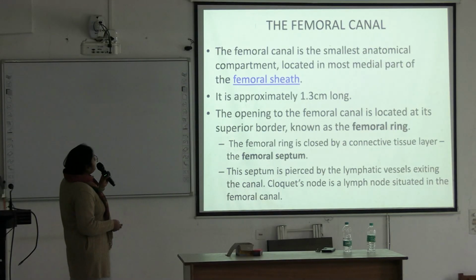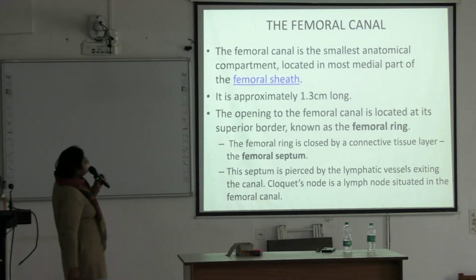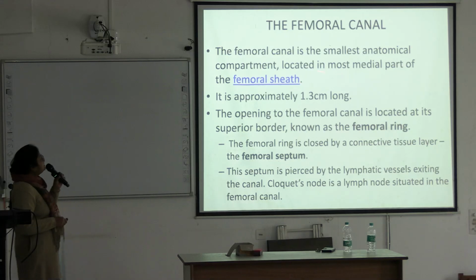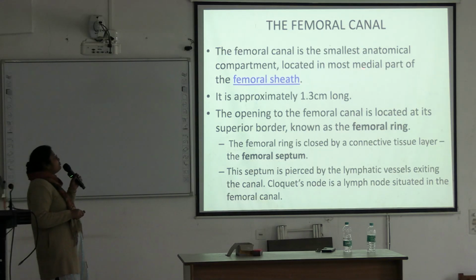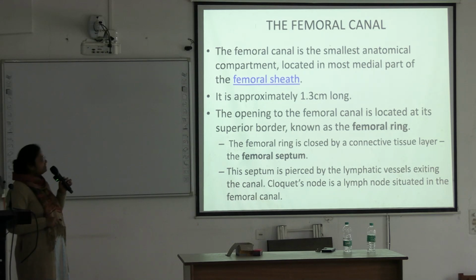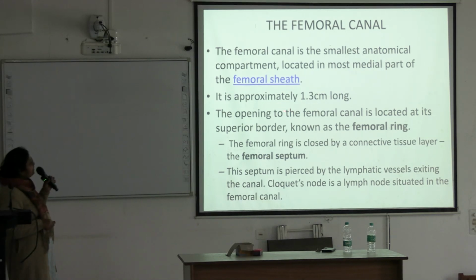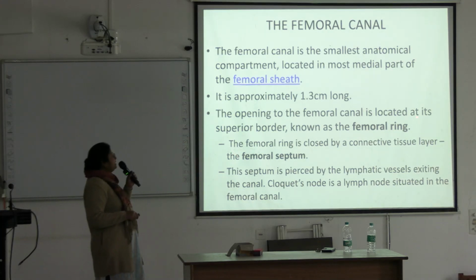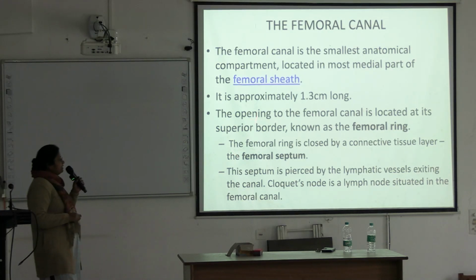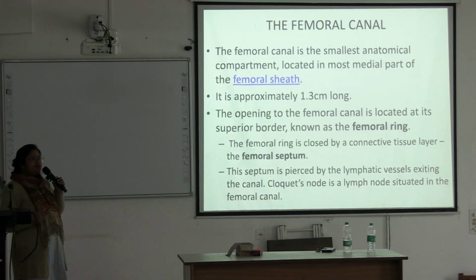Next we are going to the femoral canal. The femoral canal is the smallest anatomical compartment, located in the most medial part of the femoral sheath. It is approximately 1.3 centimeters long, and the opening to the femoral canal is located at its superior border, known as the femoral ring.